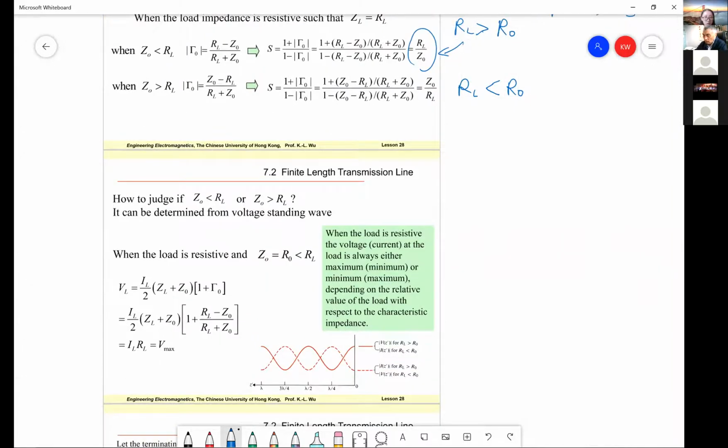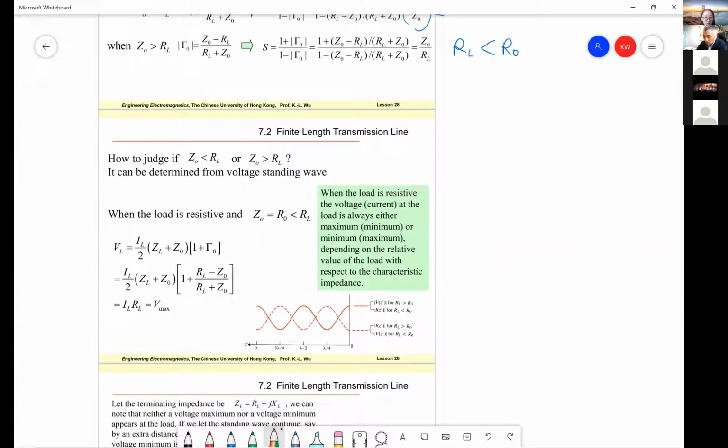Let's say this is the voltage. Because you have a reflection, you have a maximum and a minimum. This is V maximum and this is V minimum. If your observation point is at the maximum, then the load is real.